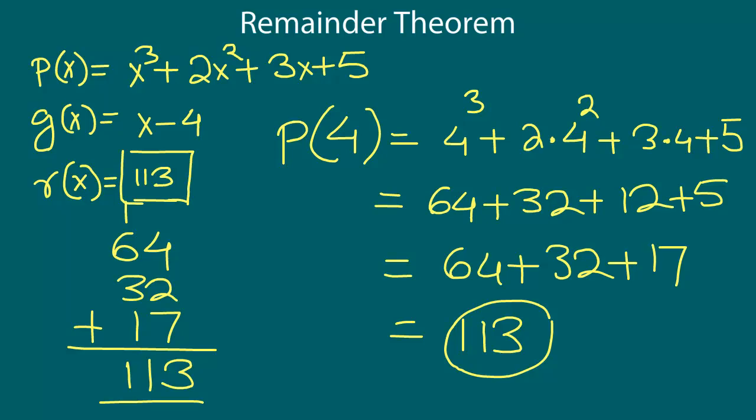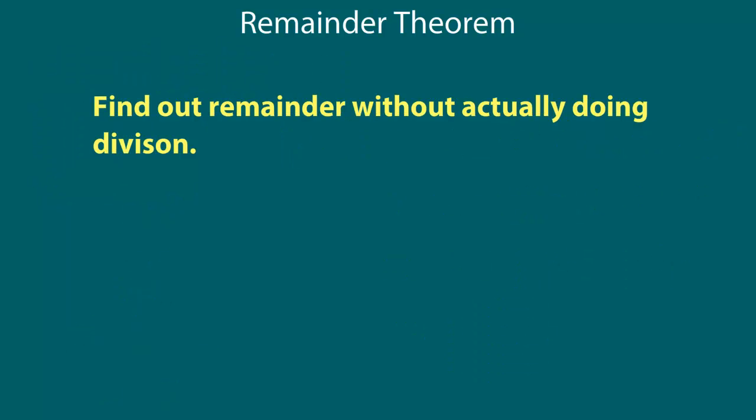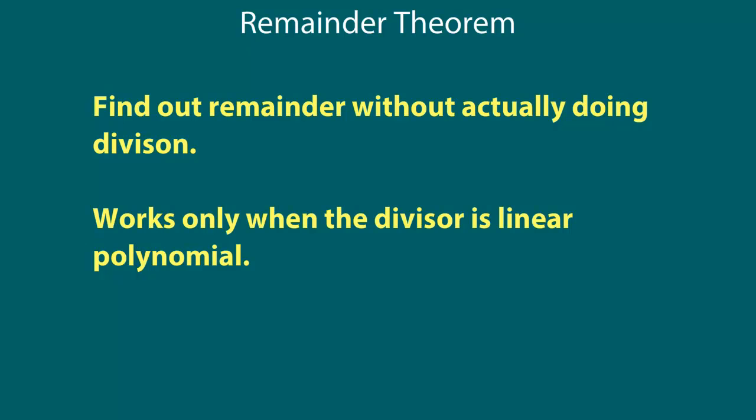So very quickly, we want to just go over some of the highlights. The remainder theorem is a tremendous help in finding out the remainder without actually doing the long division. We would also want to note that the remainder theorem works only when the divisor polynomial is a linear polynomial.